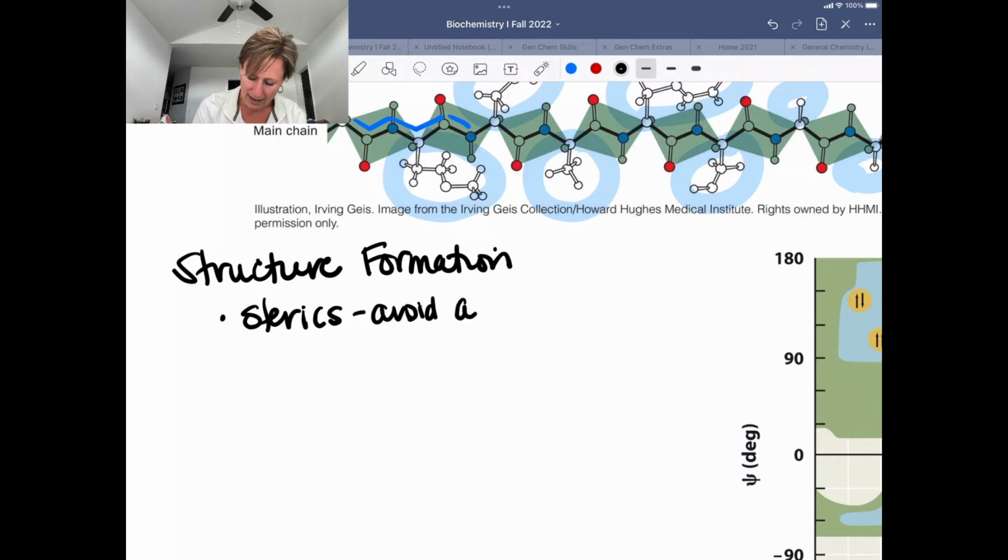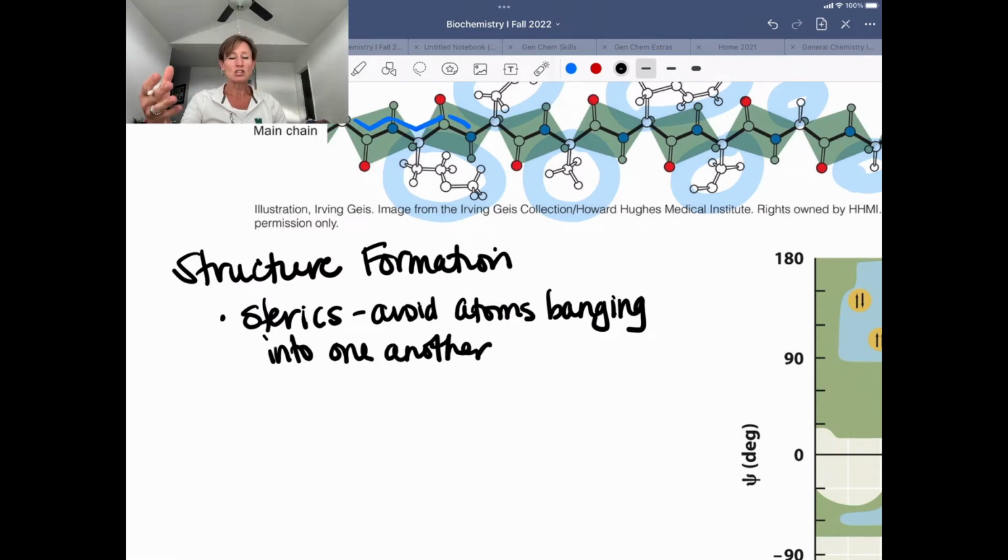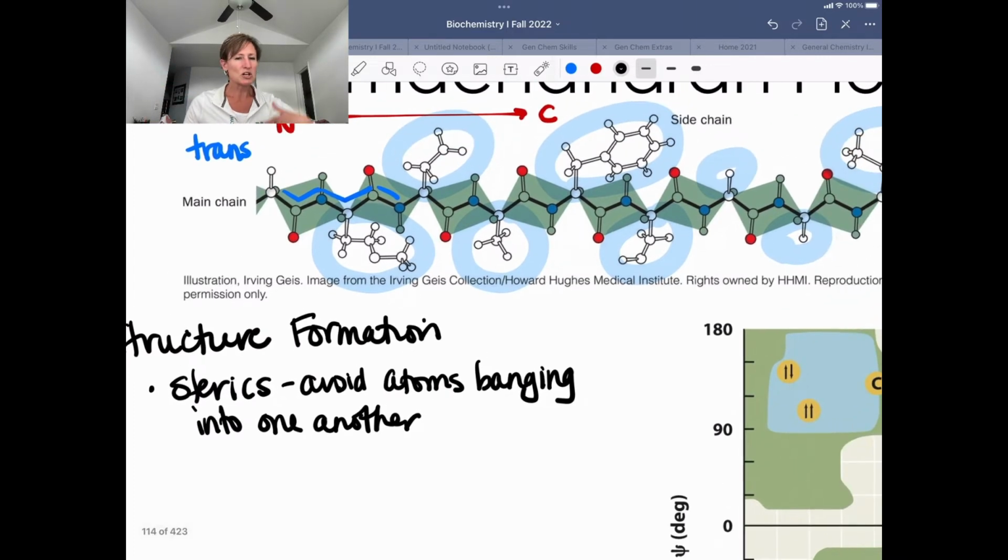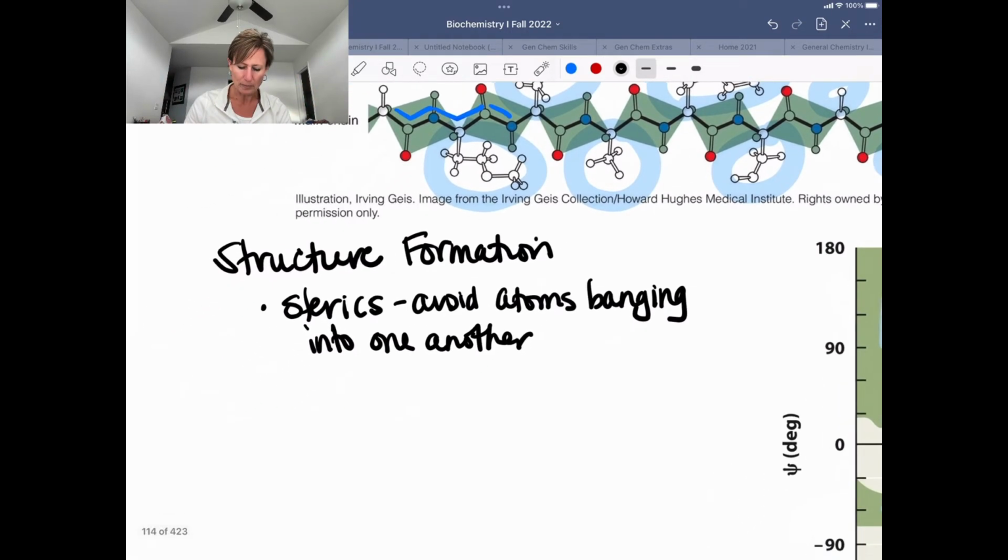So avoid atoms banging into one another. Okay, and that's what we got to up on top. When we said here that we're going to have our side chains that are alternating on our peptide backbone, that gives everybody the most room possible.